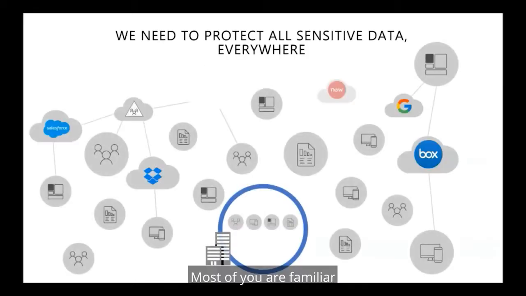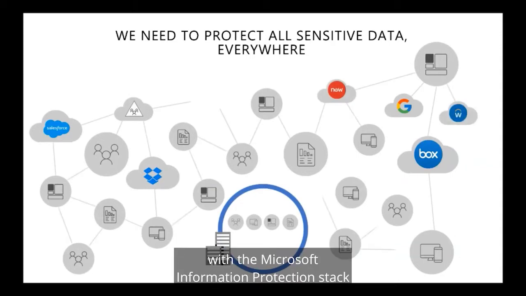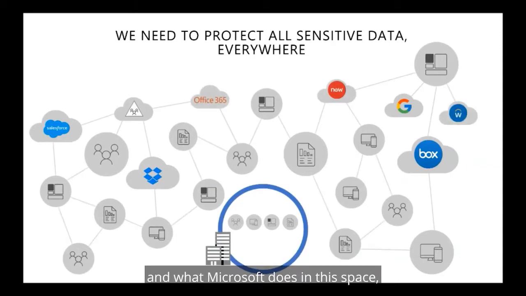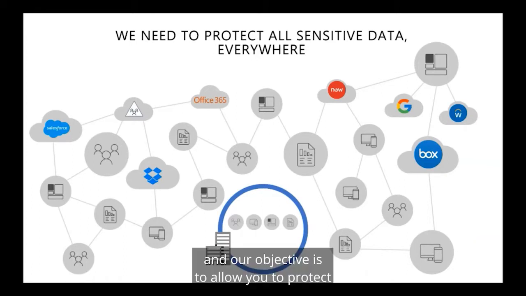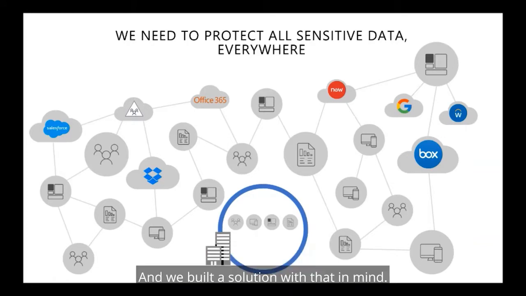Most of you are familiar with the Microsoft Information Protection stack and what Microsoft does in this space. Our objective is to allow you to protect all your sensitive data anywhere, everywhere. And we built a solution with that in mind.